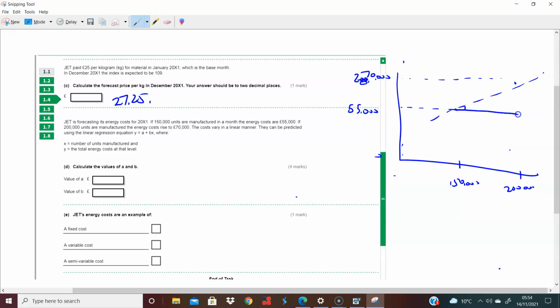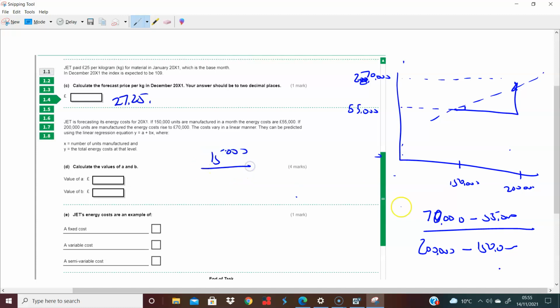So we ask ourselves, what is the change in cost over the change in units? 70,000 minus 55,000 is 15,000, divided by 200,000 minus 150,000, which is 50,000.